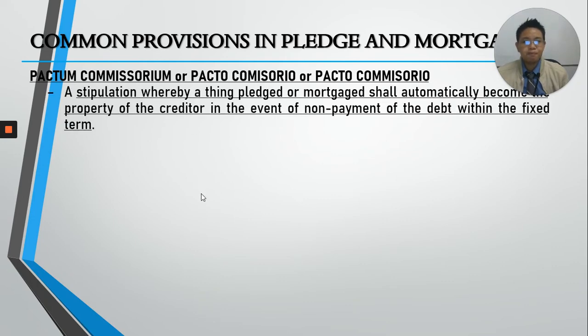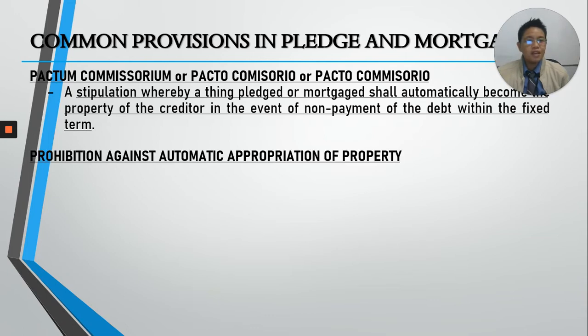So anyway, pactum commissorium is the stipulation automatically appropriating the thing pledge or mortgage. Meaning that isa itong stipulation in the pledge or mortgage contract na ginagawang automatic owner ang creditor in the event of non-payment of the debt within the fixed term. So remember, ang pactum commissorium ay obviously, based on my discussions a while ago, it is a prohibited stipulation.